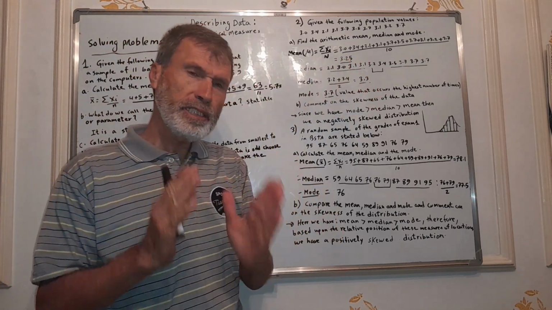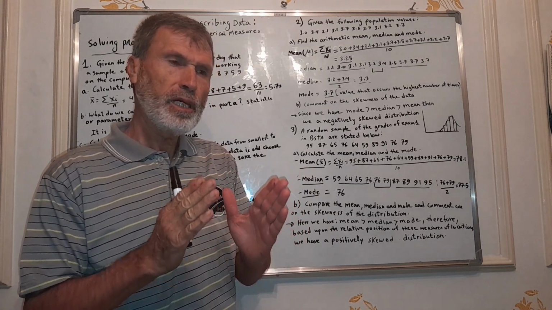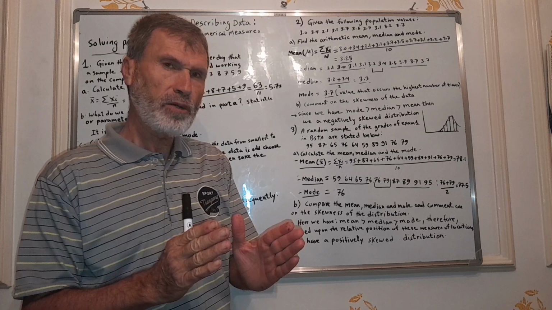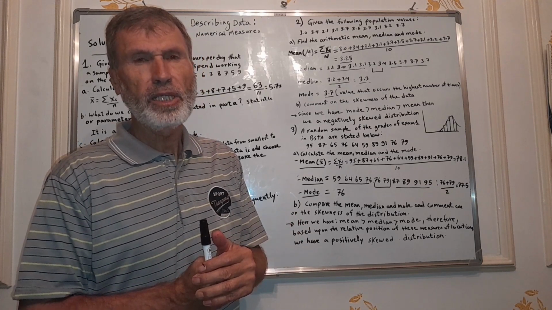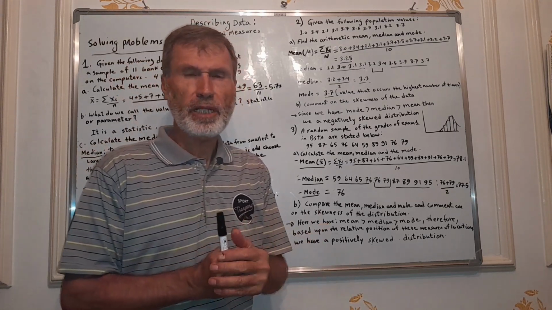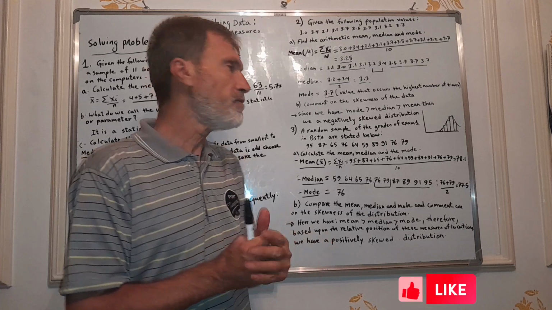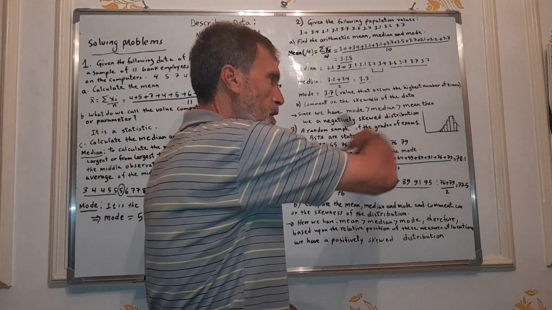So in this condition, when the mode is the largest of the 3 measures of location, then we say that we have a negatively skewed distribution. We have, of course, a non-symmetrical distribution. It is a negatively skewed distribution. It's like this one here, skewed to the left.